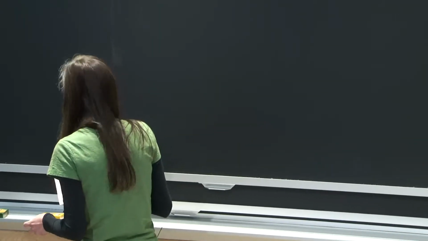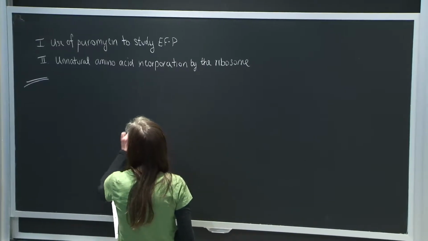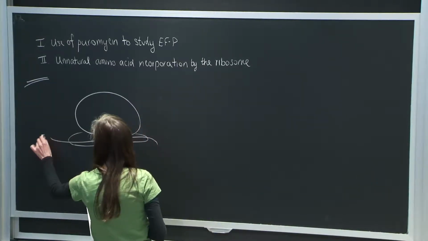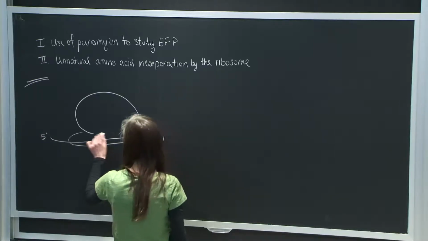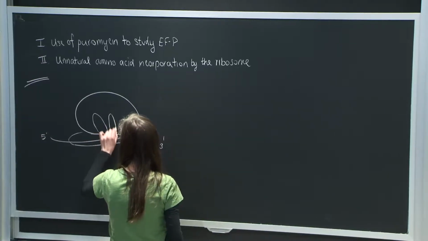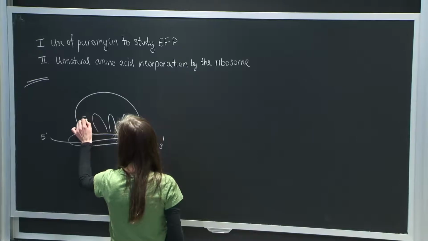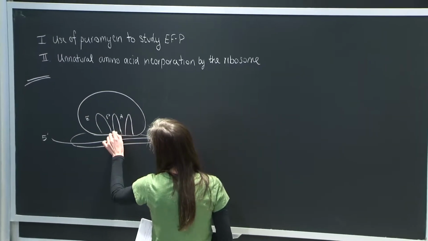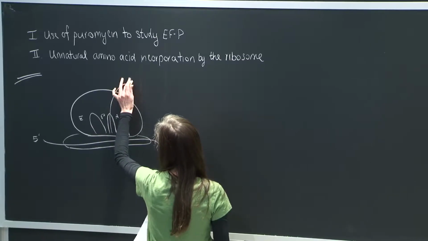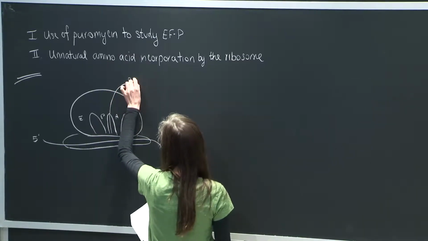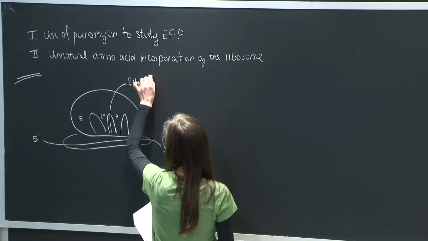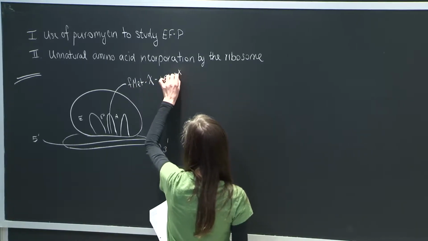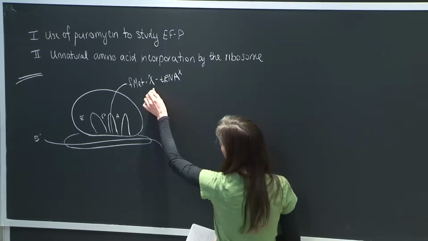So what is it that they want to do in this experiment? Effectively, imagine we have our ribosome, and we have our 3 sites. They have a dipeptide loaded in the P site, where X is some amino acid.